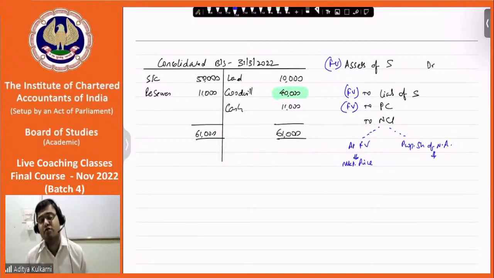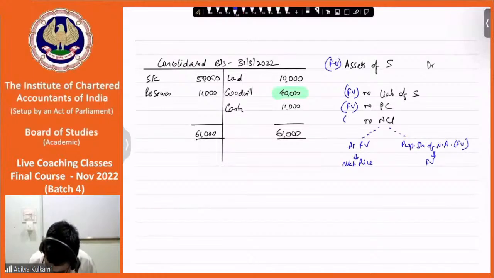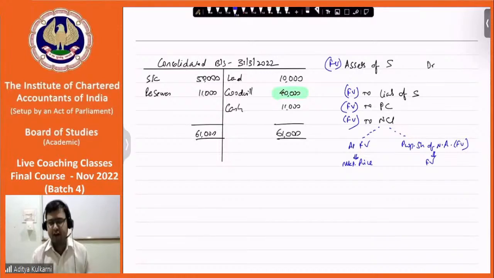Whose net assets? Of the subsidiary. So can I say that the proportionate share of net assets would mean the proportionate share of net assets at fair value? Yes. And therefore, normally speaking, this also comes at a fair value.